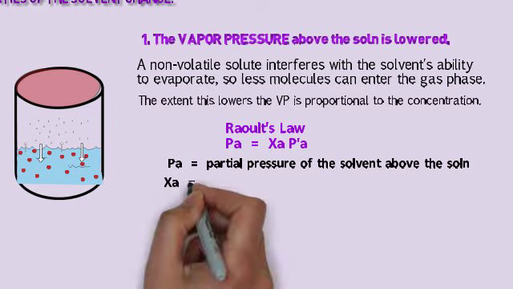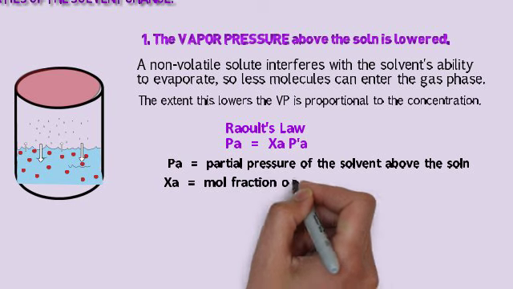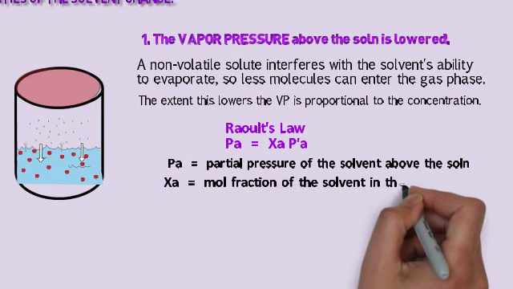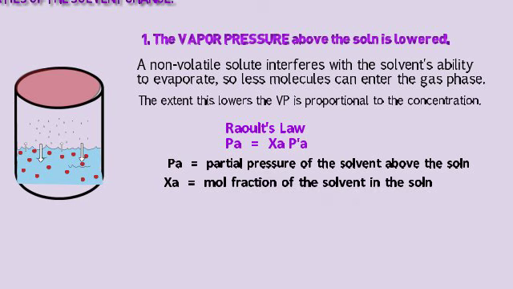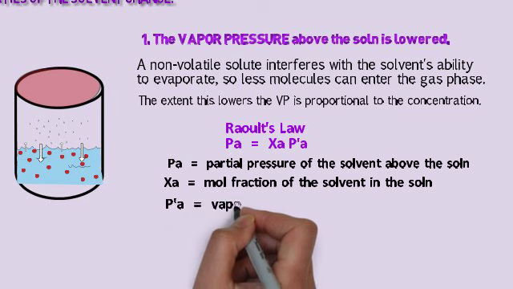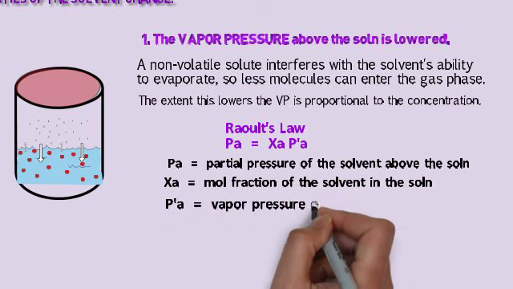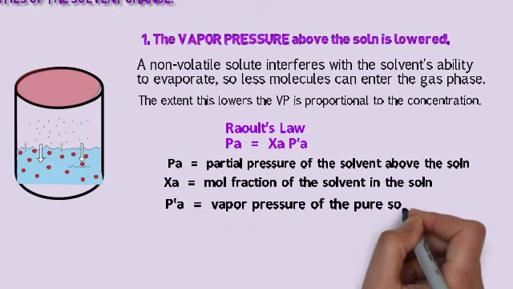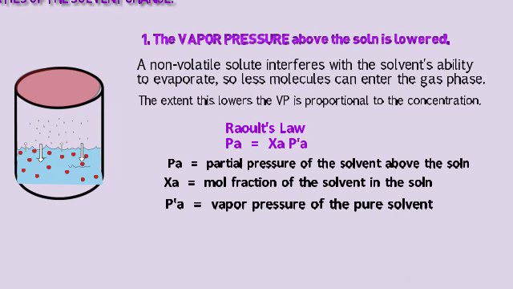XA is the mole fraction of the solvent in the solution. And P prime A, that's called the prime, is the vapor pressure of the pure solvent. Usually you get that from a table.